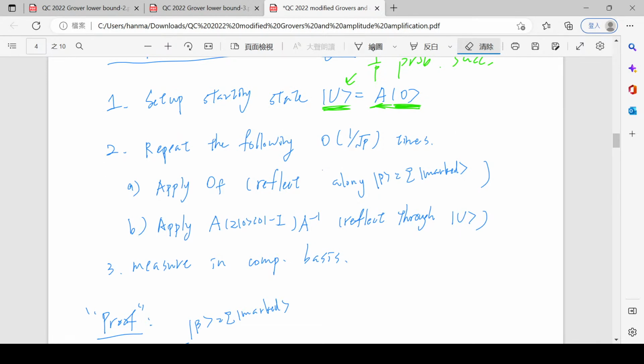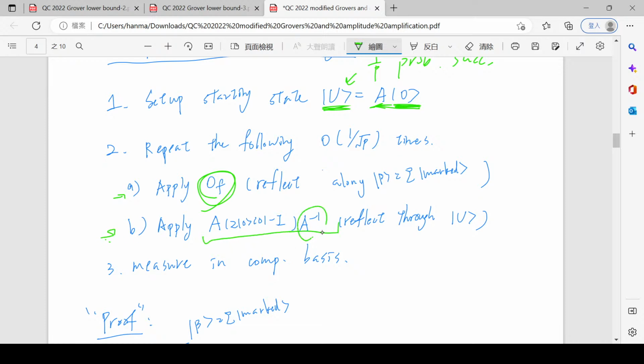So first reflection, just like in Grover's algorithm, you want to reflect with your OF, so just your oracle code to check whether an item is marked or not. And the second reflection is this weird reflection.